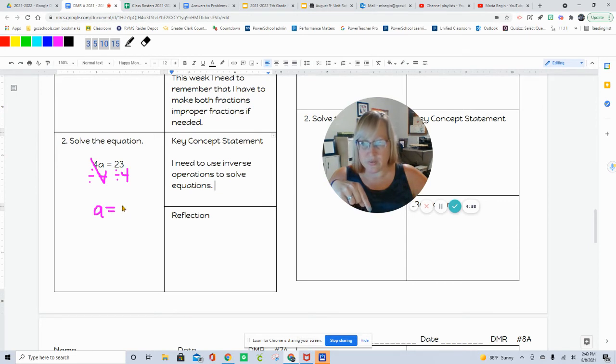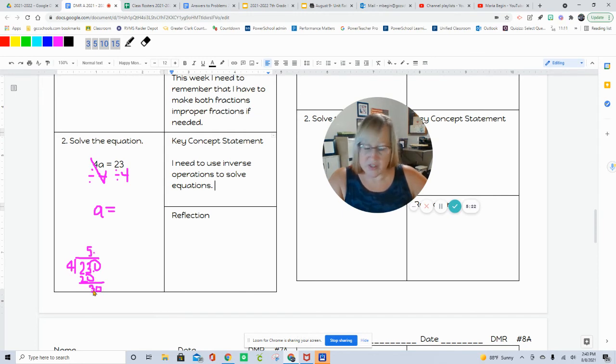A equals whatever 23 divided by 4 is. So I'm going to go off to the side, do 23 divided by 4. Well, 4 goes into 23 5 times, and I get 20. But it doesn't come out even, so now I have to continue and see if I get a decimal.